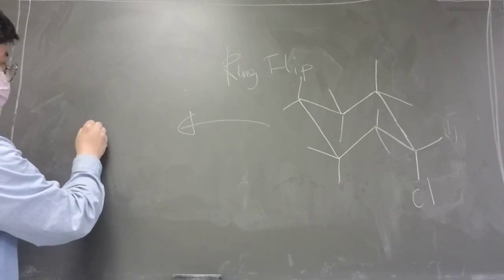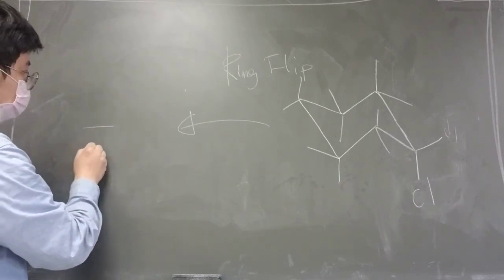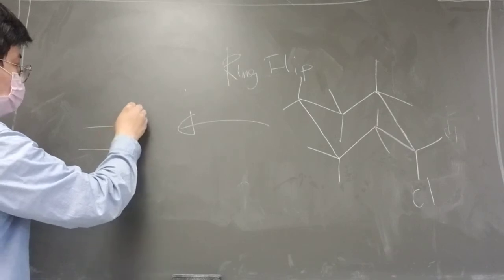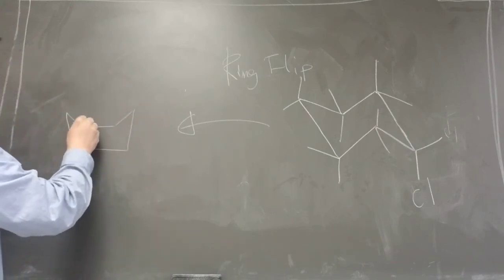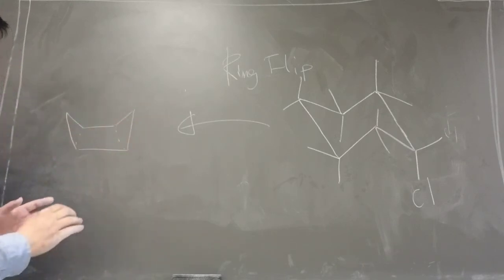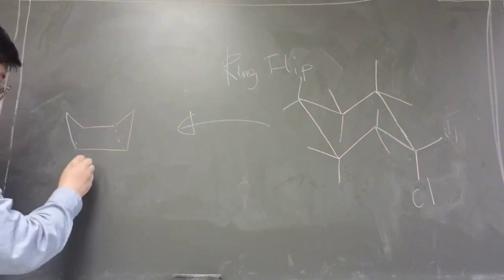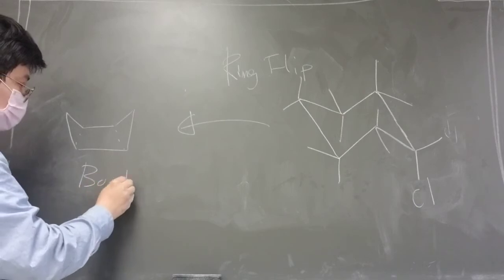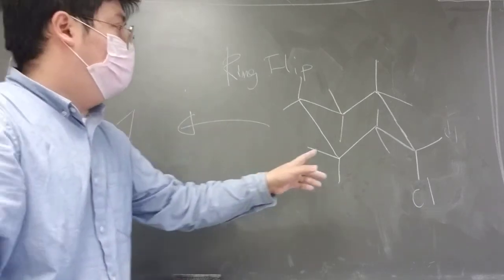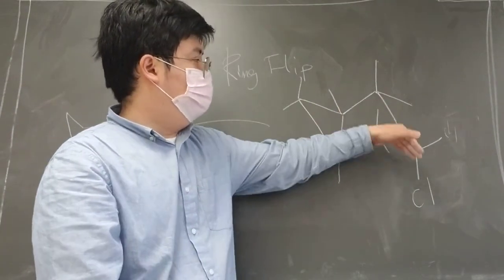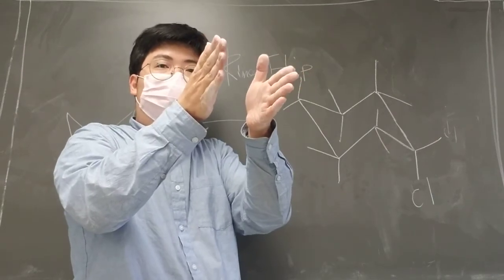Sometimes what they do is they do this one. Okay? I'm not going to cover it in great detail, but this is what we call the boat conformation. Here you fold it up and down on each side of the paper, right?